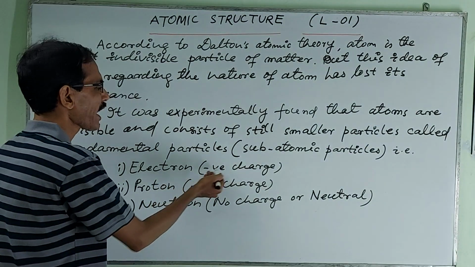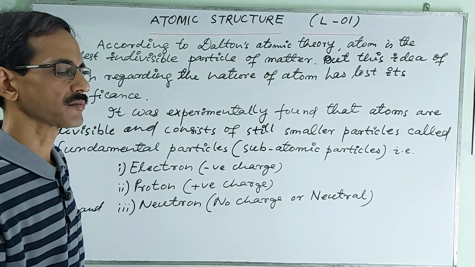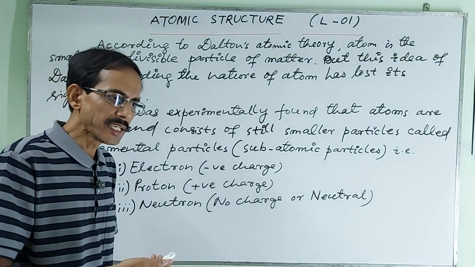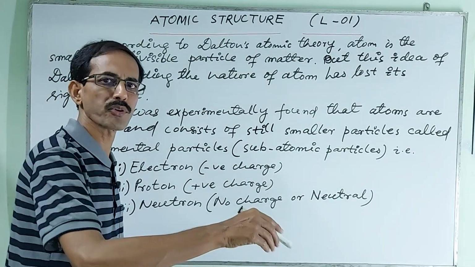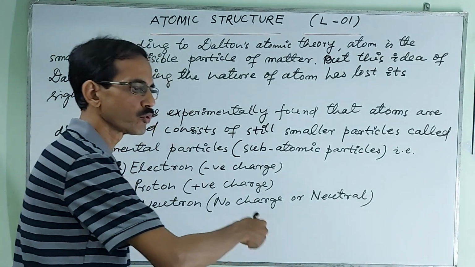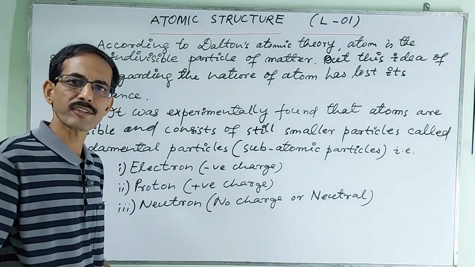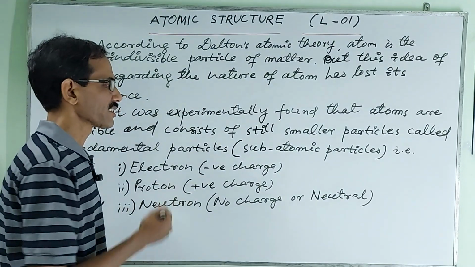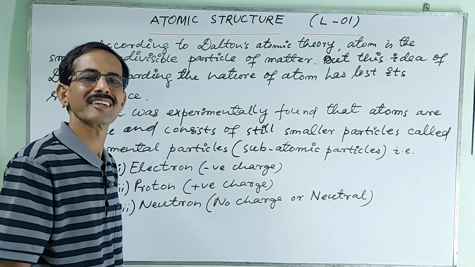Why does the electron have negative charge? Because in an electric field, electrons travel from negative pole to positive pole. That's why conventionally we take the charge of electron as negative.